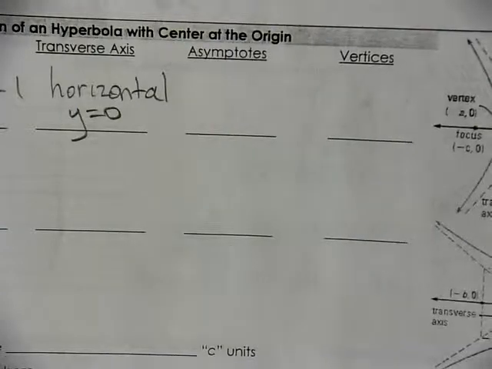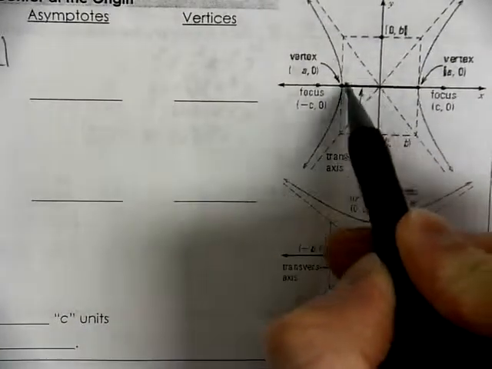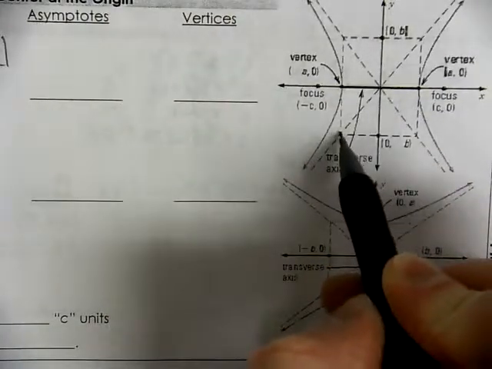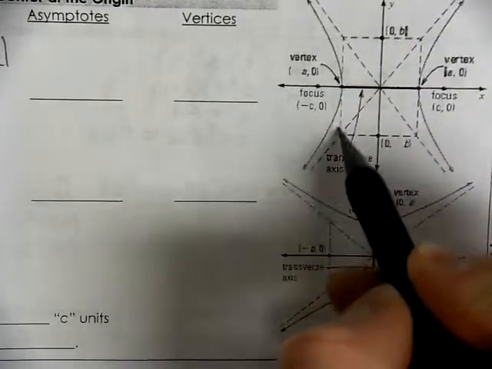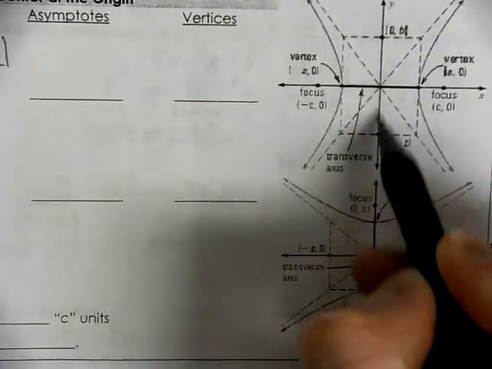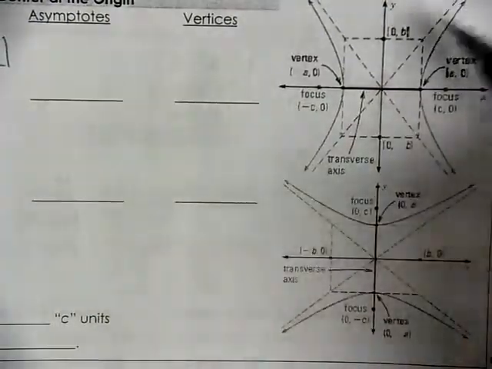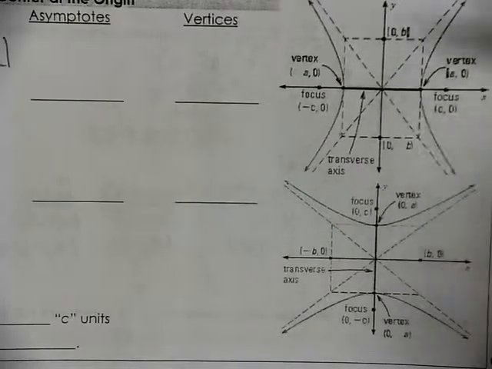We have our asymptotes. When we look at the asymptote, we see the distance to the vertex, remember, is a. So if you're going from a point to a point along your asymptote, this would be your b length. So you're up b and you're over a. Come in the other direction, you'd be down b and over a.